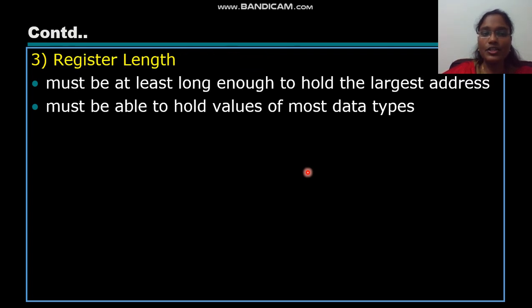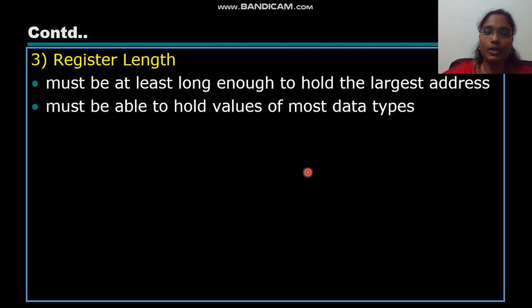And the third issue is how long the register should be, or the length of the register. The length of the register should be at least long enough to hold the largest address. In the main memory, the addresses start, for example, from 0, 1, 2 and go on till the nth memory location.